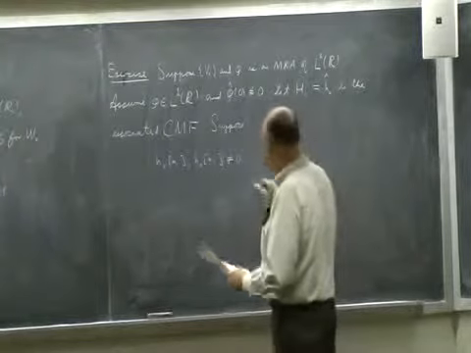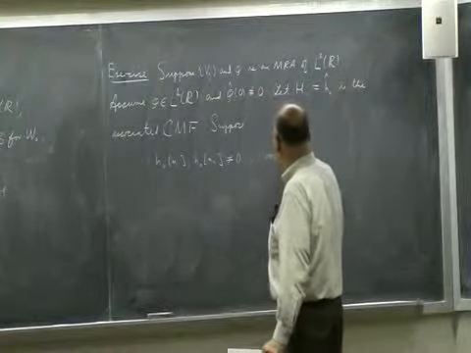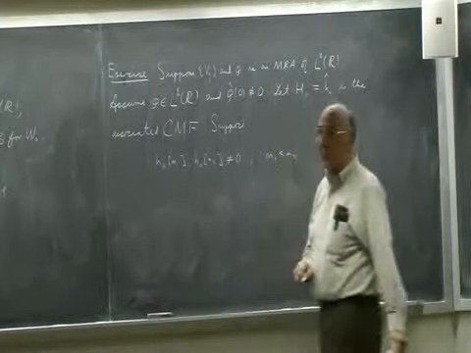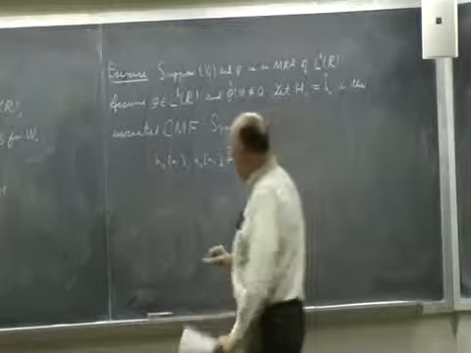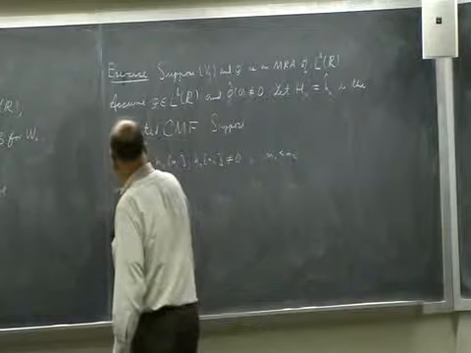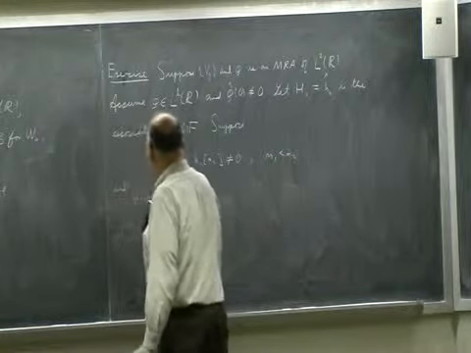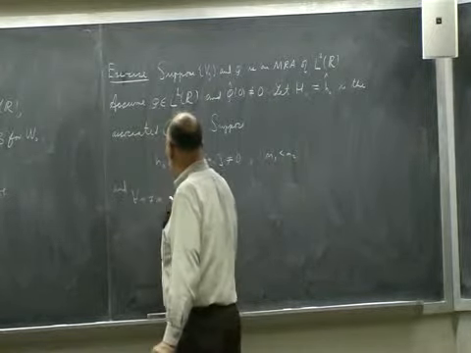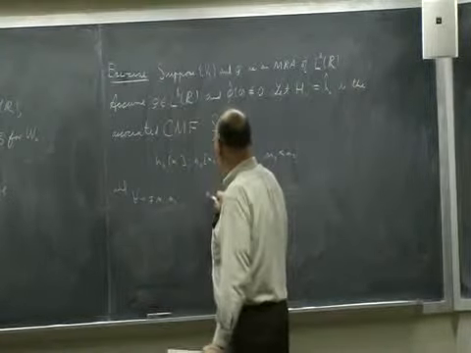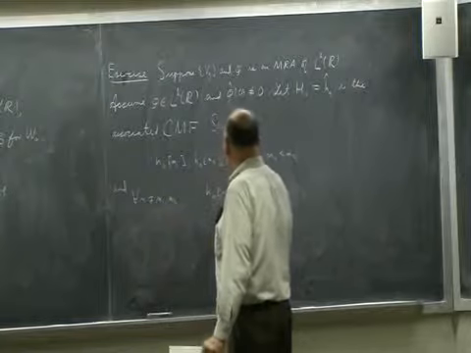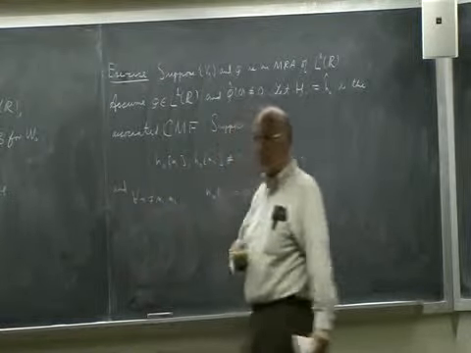And just to fix ideas, n1 is less than n2. And for all other n, not equal to n1, n2, H0 of n is equal to 0.